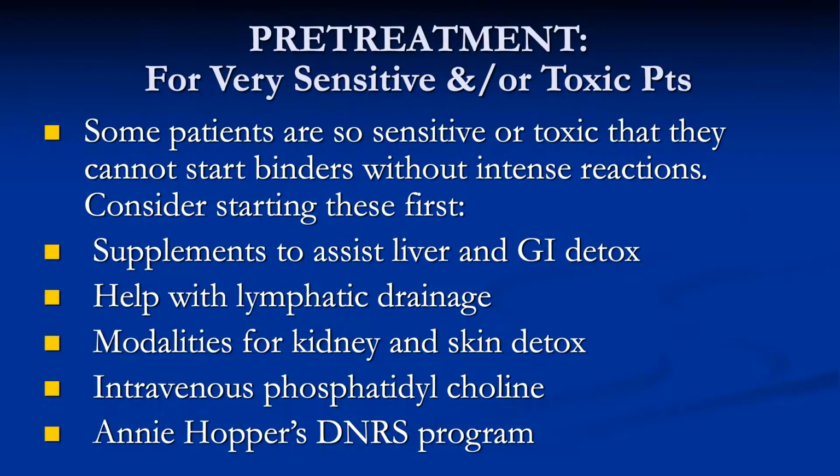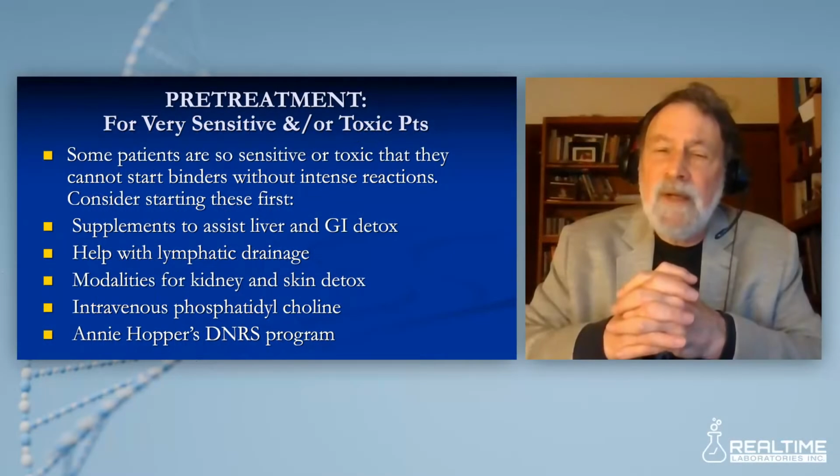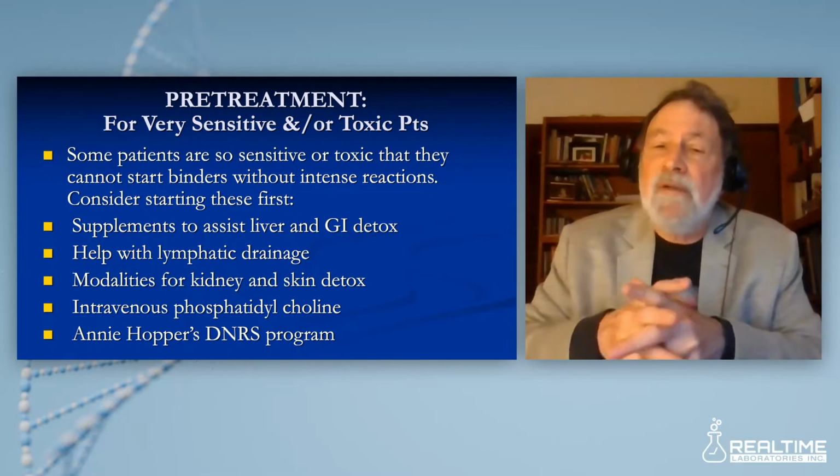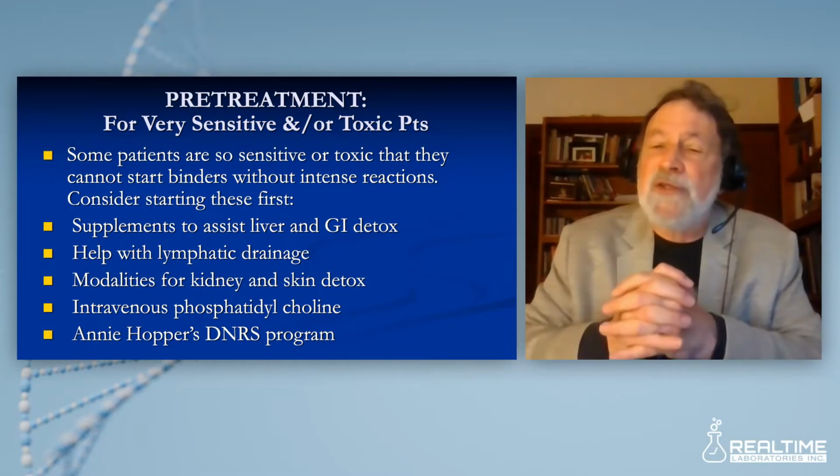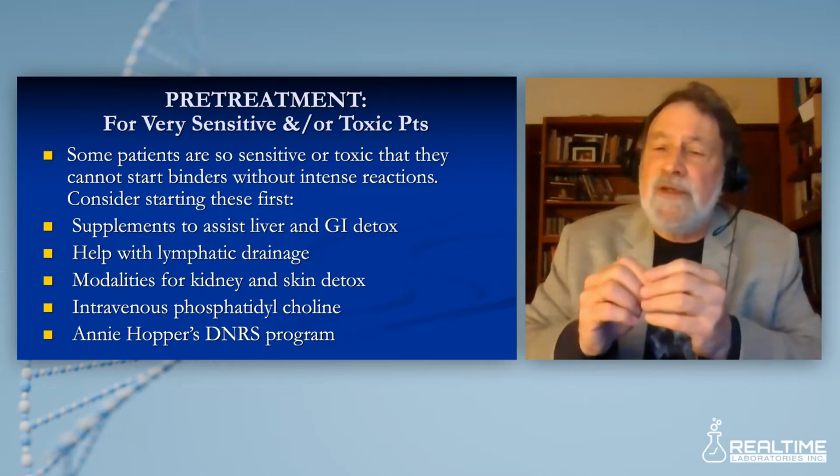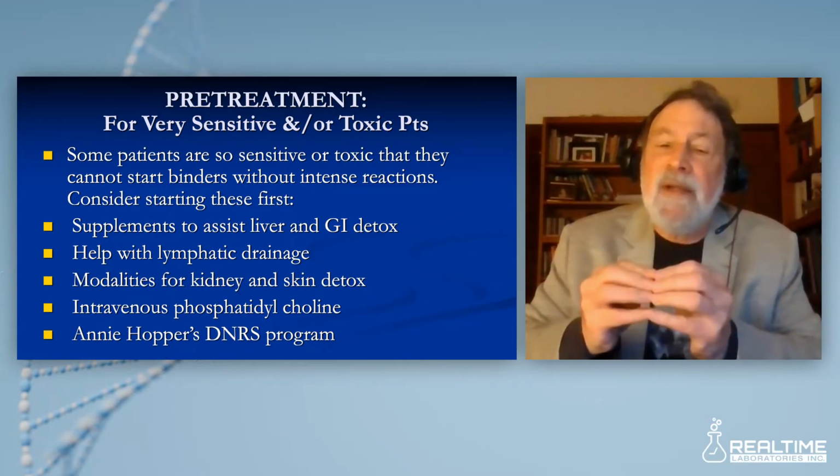We've just been talking about mold toxicity, and we've been talking about sensitive patients, but I'm going to expand that for a few minutes now. If you have, as I do, very sensitive patients, so patients who are very toxic, many are so sensitive that they cannot start binders without intense reactions.